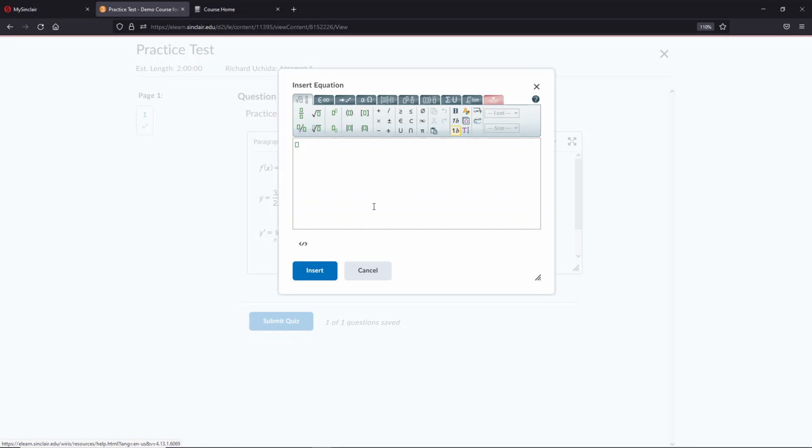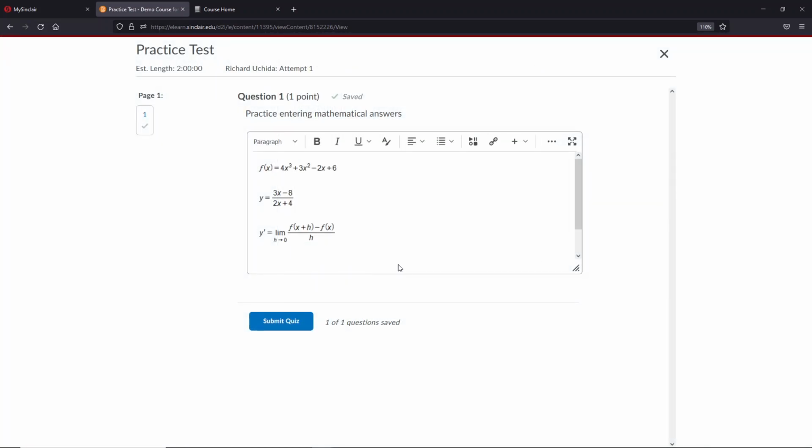So I'd really recommend trying this before taking the exam, using that practice test that I've put up above the actual exam, just so you could get used to doing this under no pressure situations, so that when it's time for the actual test, you're confident using the equation editor.